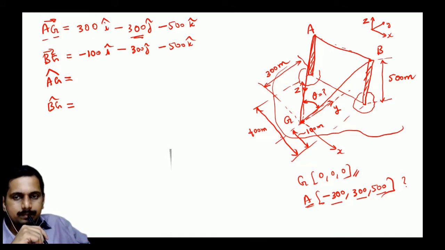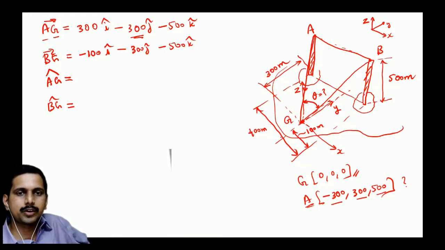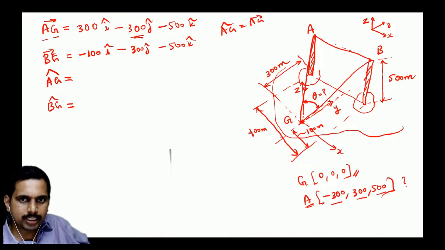Yes, students, tell me. What is AG unit vector? Unit vector, AG unit vector is equal to AG vector divided by magnitude of AG. Do that, please.